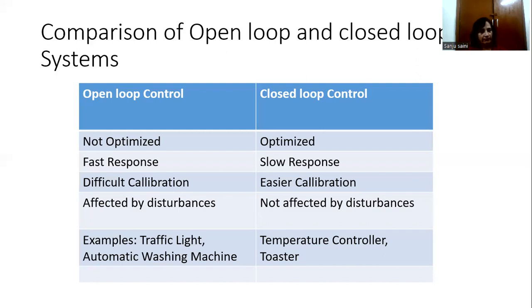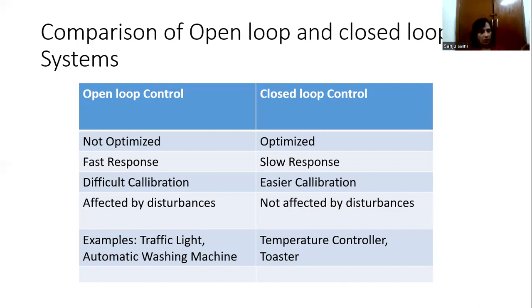So if we talk about examples of both types of control systems, then in the case of open loop systems, we can have the traffic light. There is no feedback. The traffic light that we used to have many years ago, like we learned in our nursery class, this is red light.